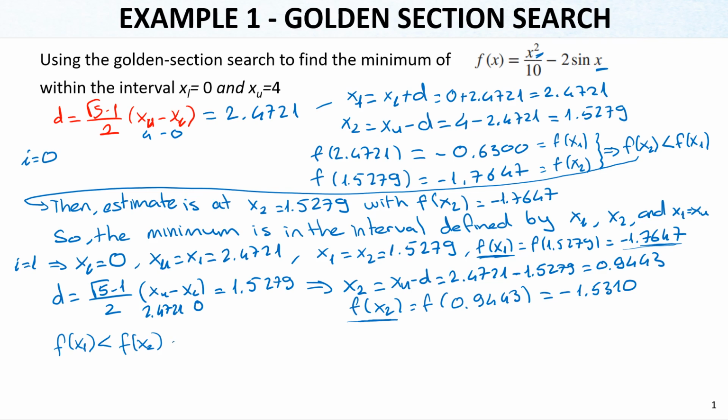Then the minimum estimate is x1, which is 1.5279, and fx1 is minus 1.7647.